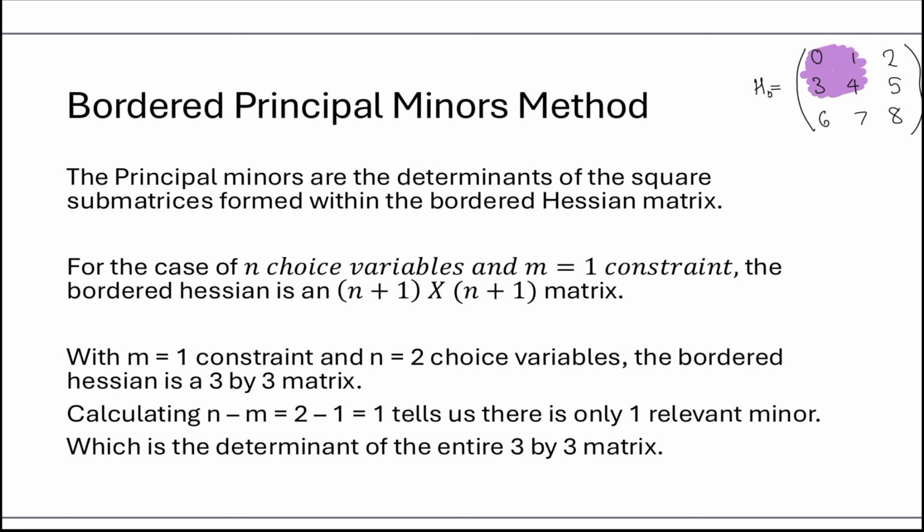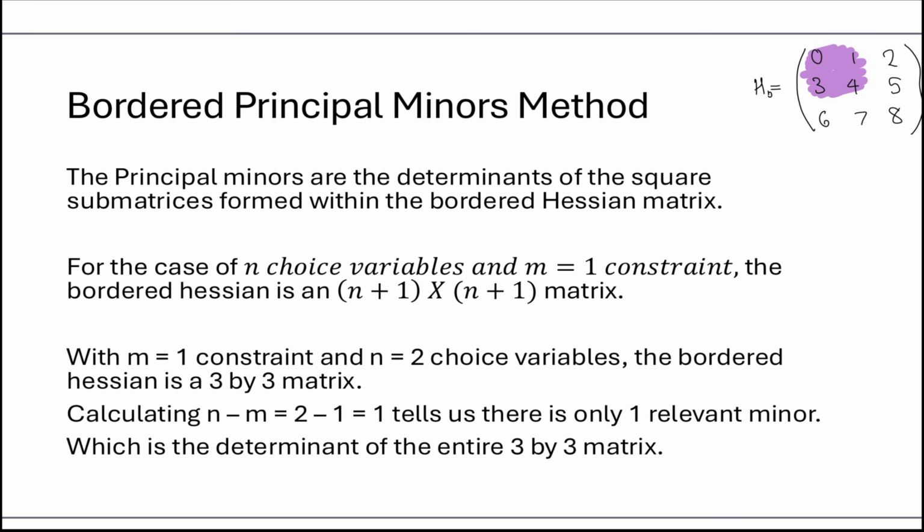Moving on. So for the case of n choice variables, so some number of variables, and m is equal to 1, where m represents the number of constraints, the bordered Hessian is an m plus 1 times m plus 1 matrix. With m equal to 1, one constraint and two choice variables, the bordered Hessian is a 3 by 3 matrix, which is what we saw before.